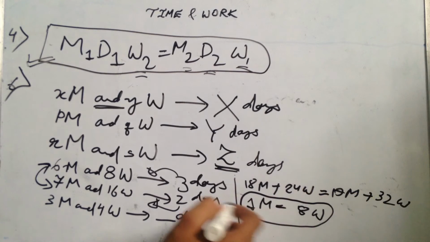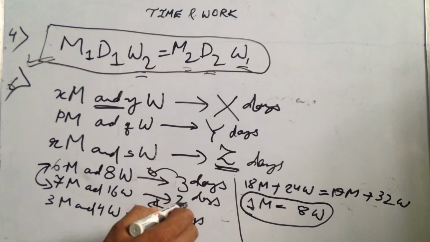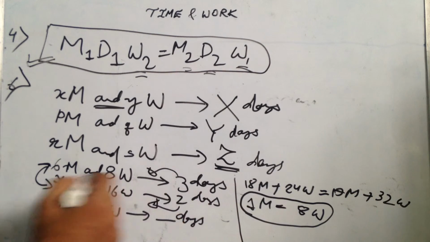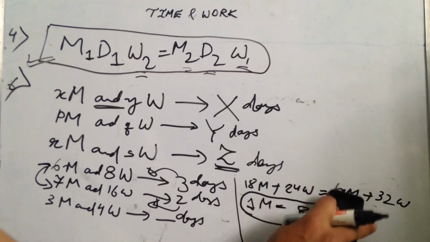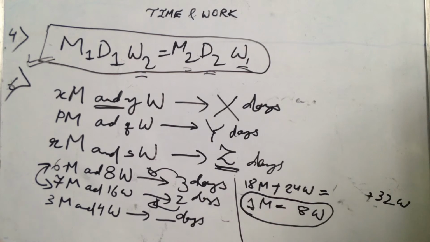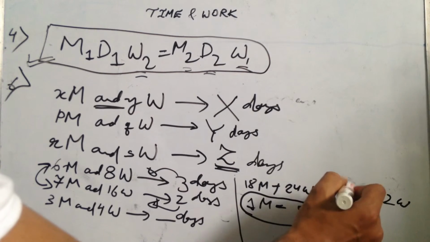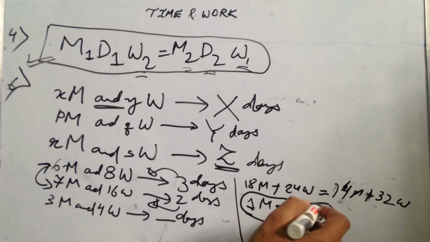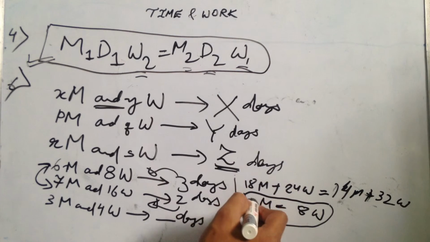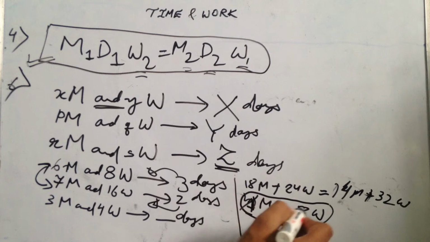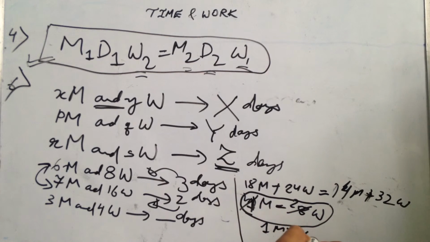I think something is missing. 2 7s are 14. Sorry, it is 14 men. Yeah, it is 14 men. So 18 minus 14, 4 men. So it is 1 man equal to 2 women.